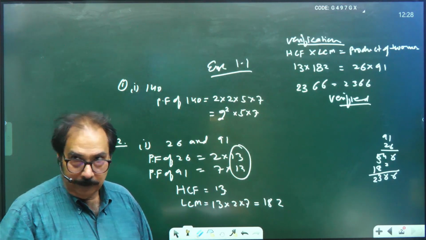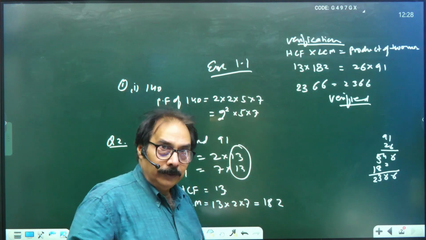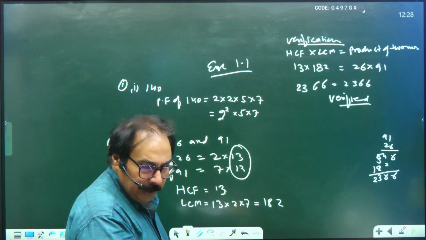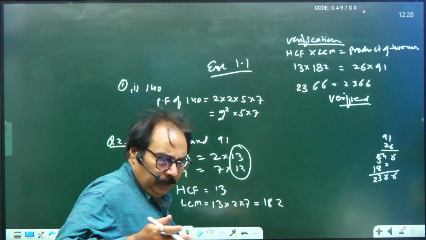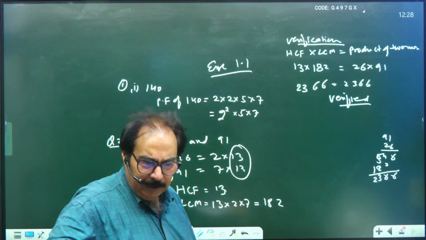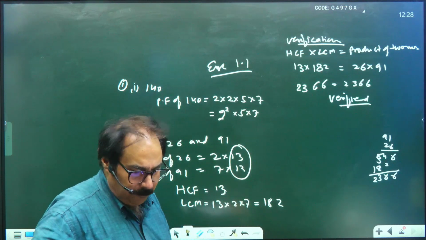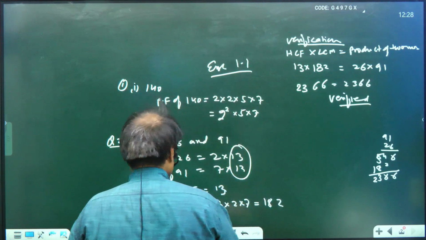So the rest of the questions, the second part and third part, you will solve the same way: find the HCF and LCM and verify it by the product of two numbers. Now I am taking question number 3.